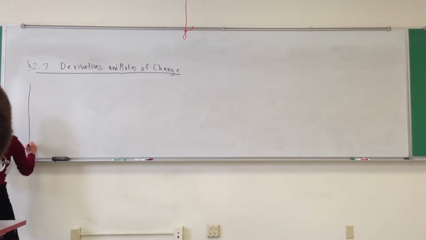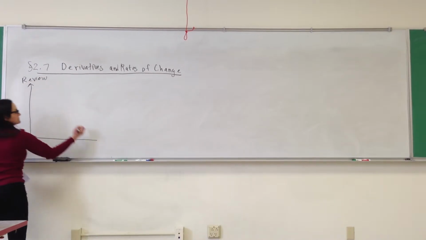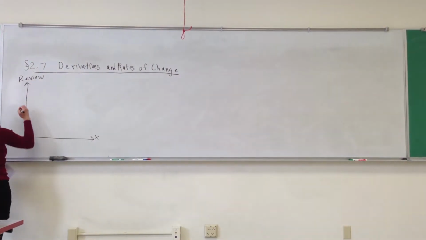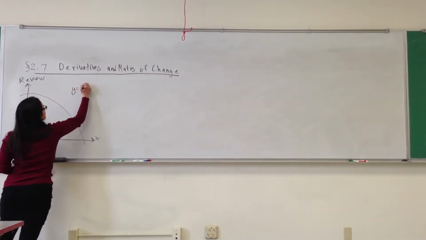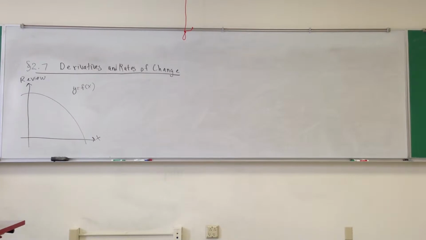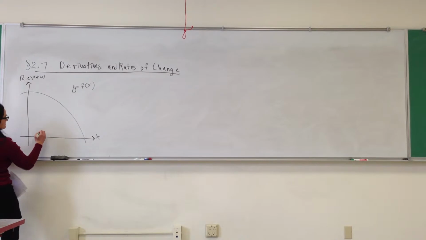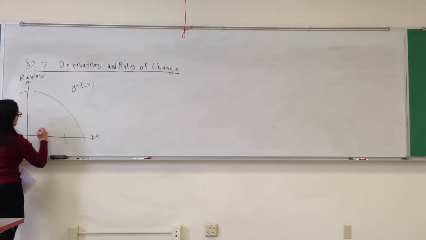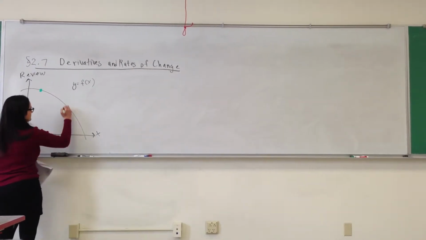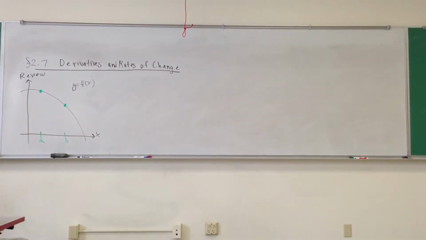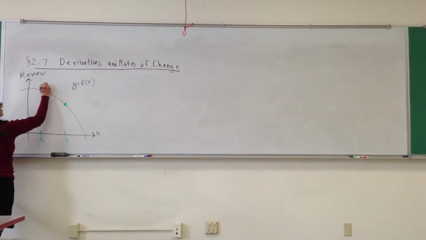So remember, part of the review, if we have a graph of a function f, and we take 2 points, A and B, on the graph of f of x, then A has coordinates what?